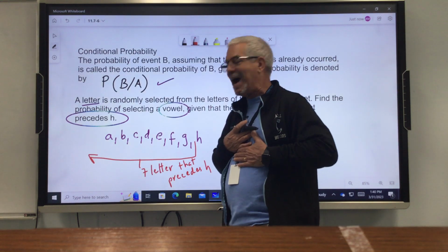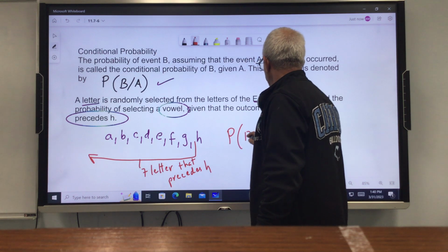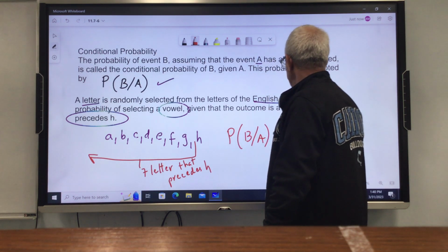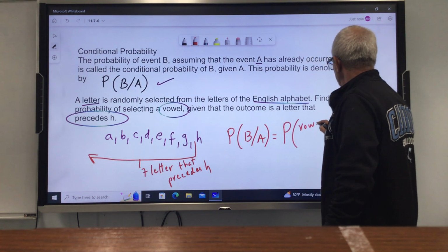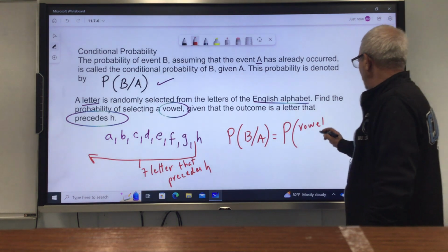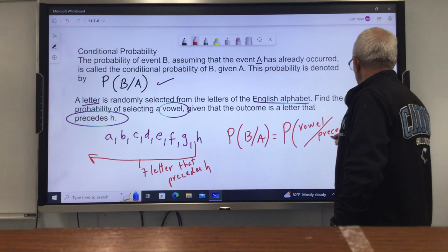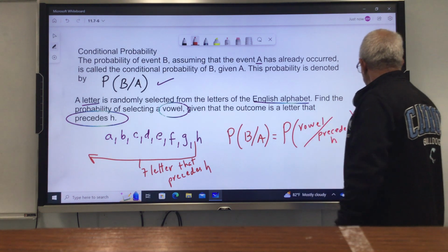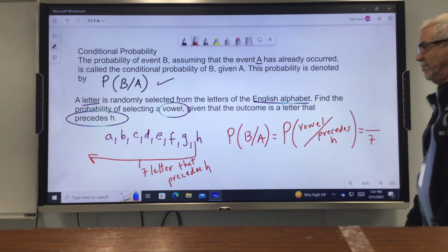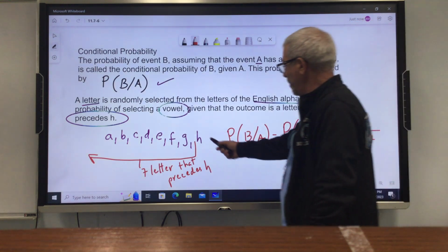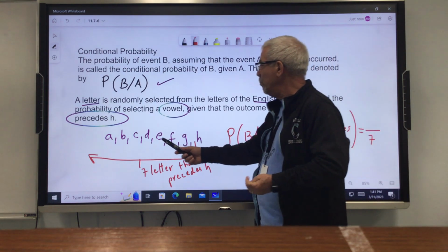Then that will be my denominator. Then the probability of B given A, in this case the probability of being a vowel given that the letter is before H, will be equal to what? The denominator is 7, because we have 7 letters in total before H. Then before H, how many vowels do we have?